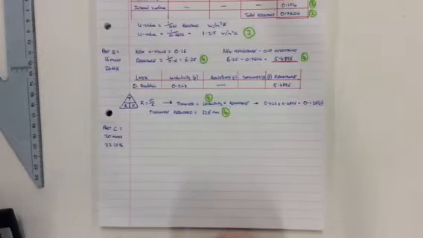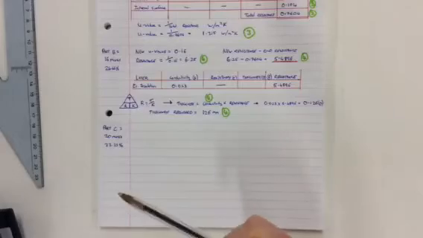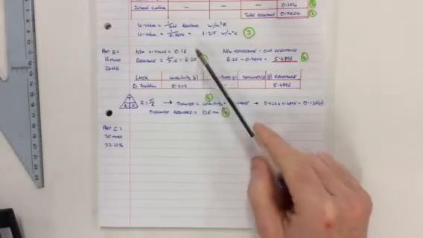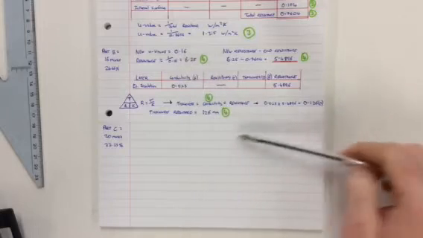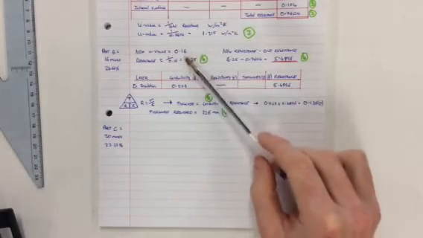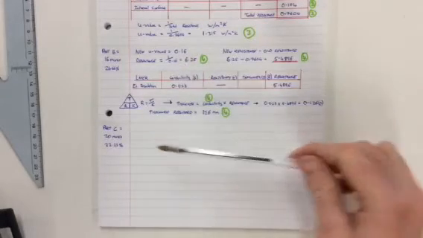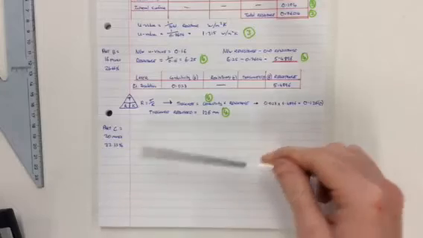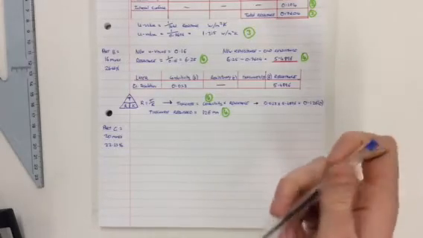You're using the U value from part B. The U value was actually given to you, it was 0.16, so you didn't actually have to figure out what part B was to move on to part C. You're given that information to move on.